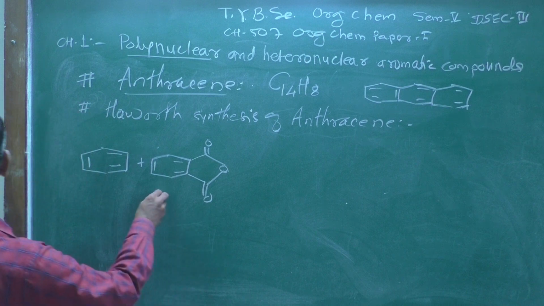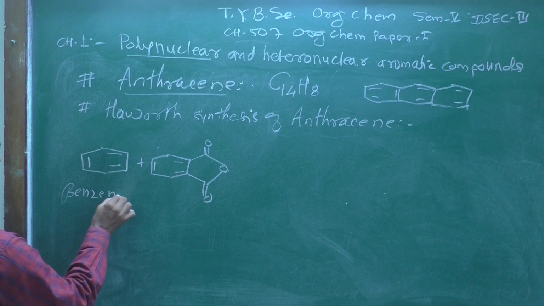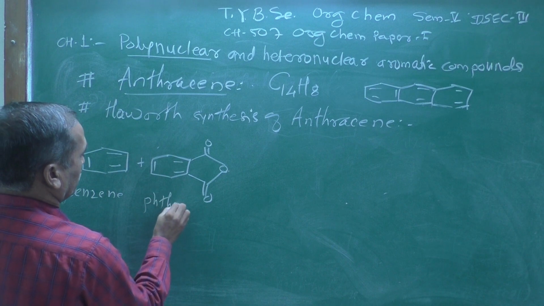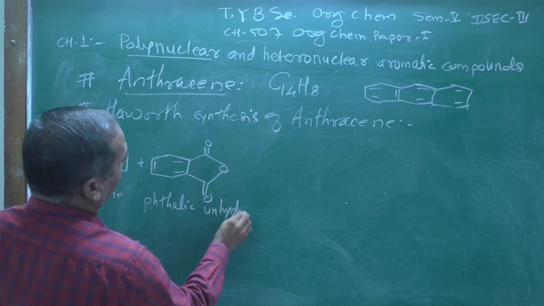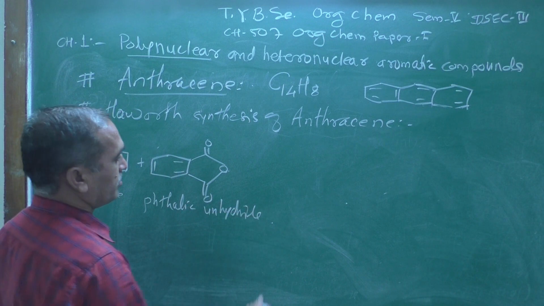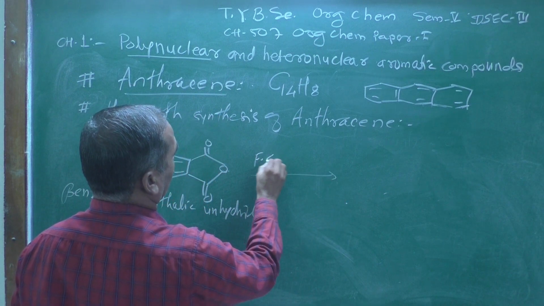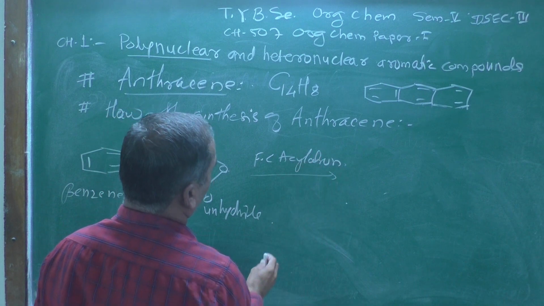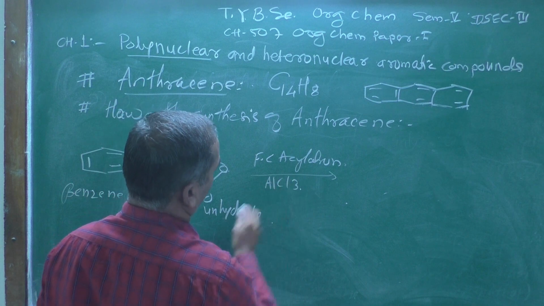This is the starting compound, which is benzene, and this is phthalic anhydride. The reaction is once again carried out as a Friedel-Crafts acylation reaction in the presence of Lewis acid, which is AlCl3.